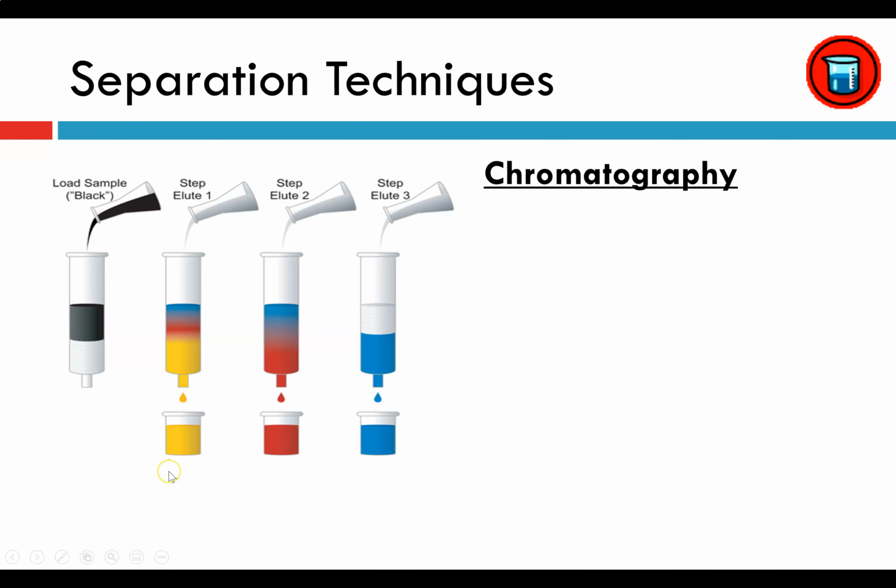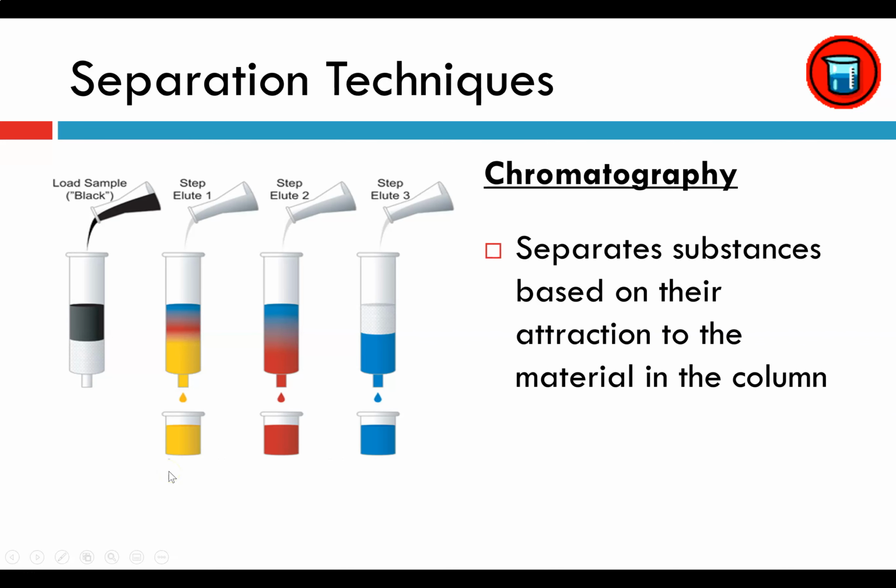Okay, so in chromatography, we're going to separate substances based on their attraction to the material in the column. A lot of times you'll see the quintessential example of separating ink. If you have high quality black ink, it is actually composed of three colors: red, yellow, and blue.